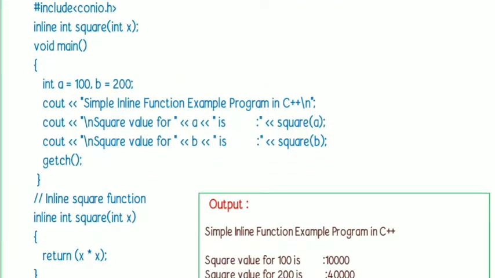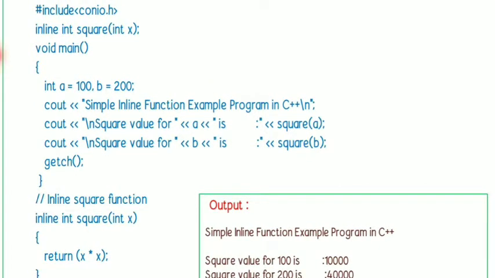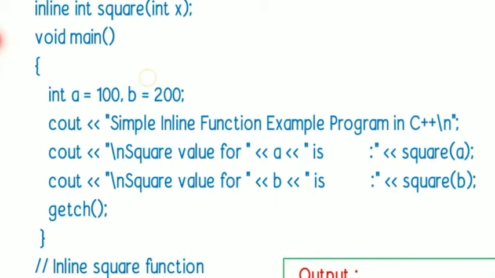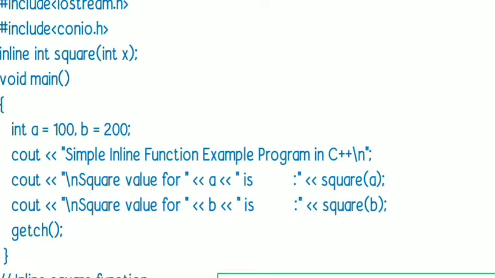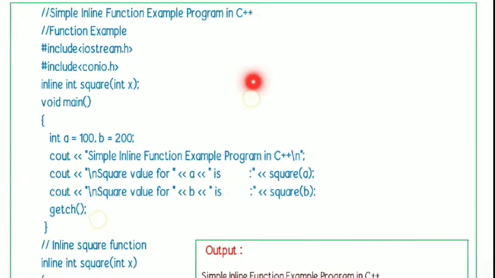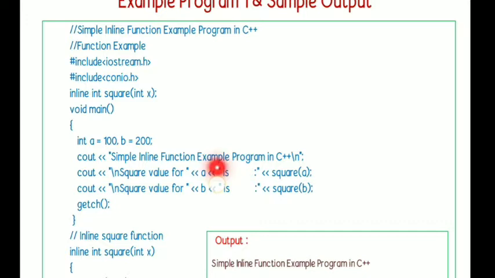When this function is not an inline function, the compiler compiles the entire code, that is, it translates the entire program into zeros and ones. At runtime, the main function is executed one by one, and in the place of square of a, if the function is not defined as inline, then it has to jump from the main function to the sub function.